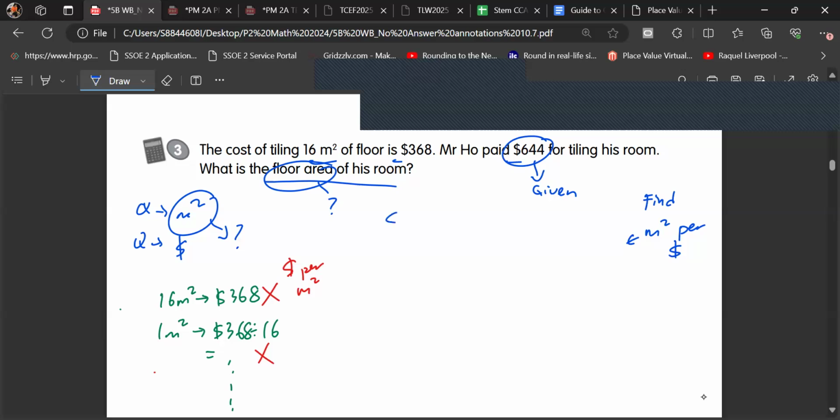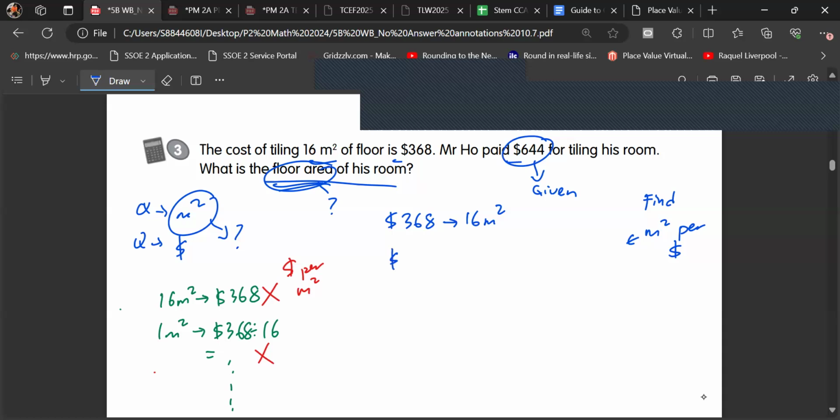So I'll put $368 gives me 16 square meter. Because I have the dollar, so I'm not going to find dollar, I'm finding floor area. So on my right side, which is the answer, will be in square meters.